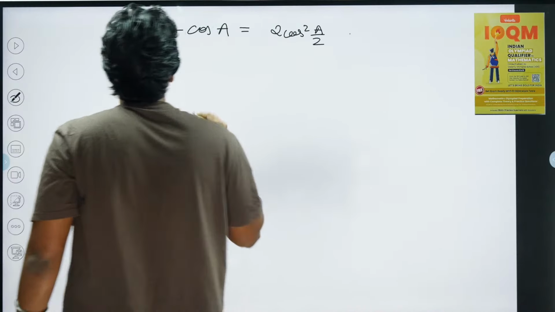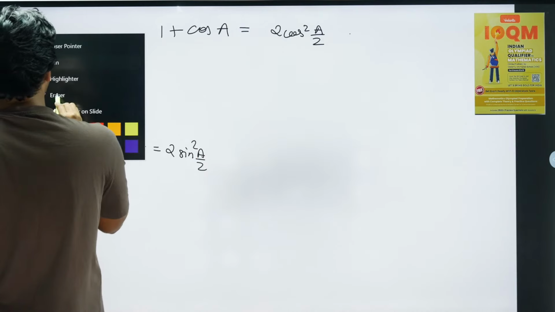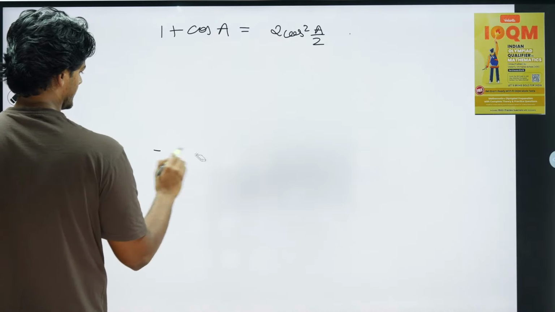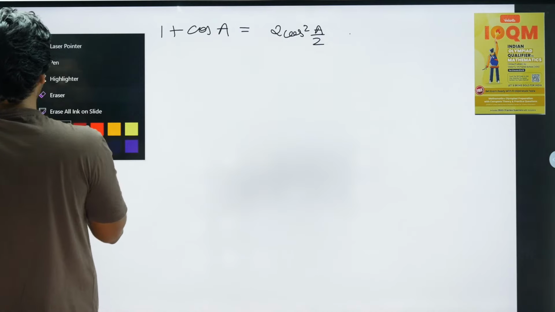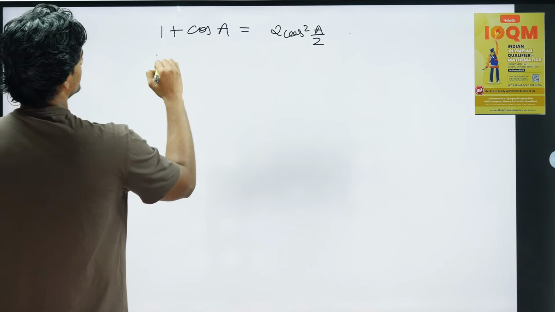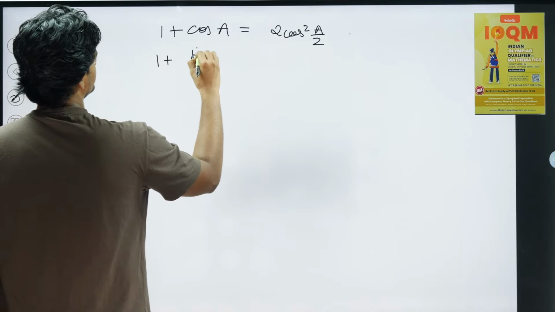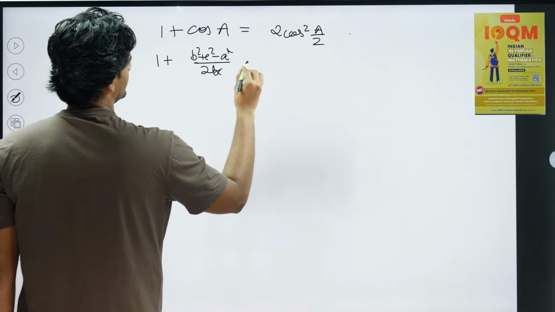Now apply this thing. Apply the cosine rule: B square plus C square minus A square by 2BC.